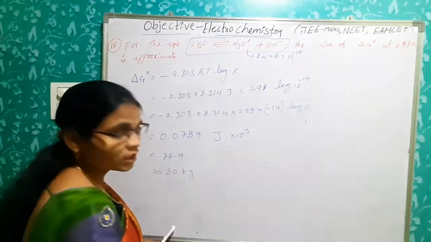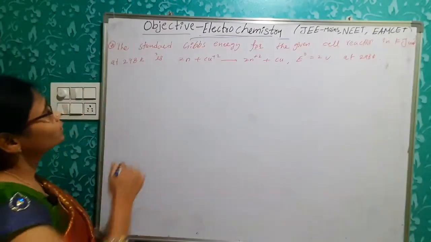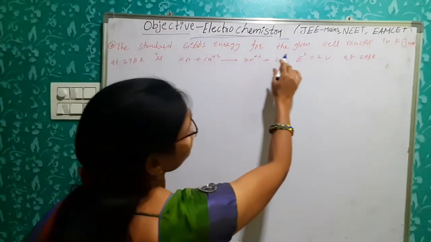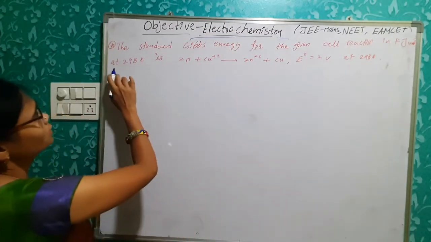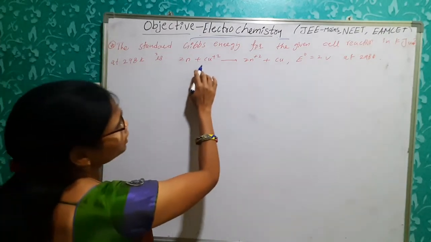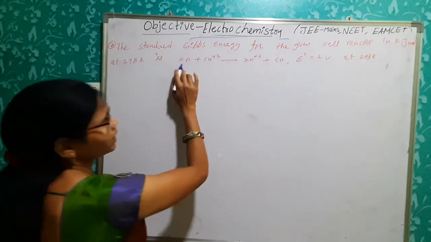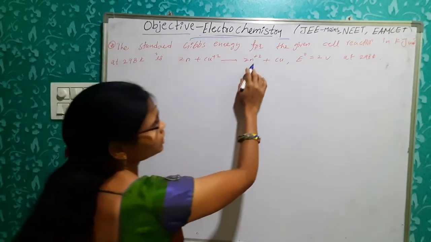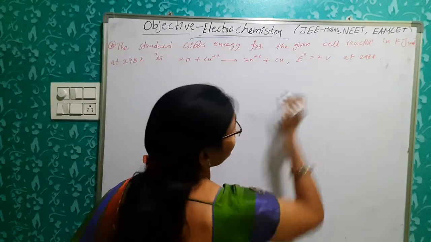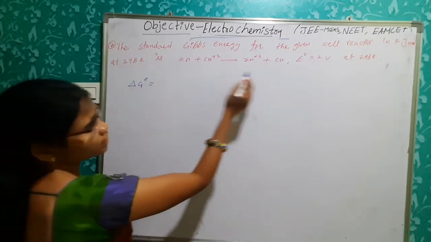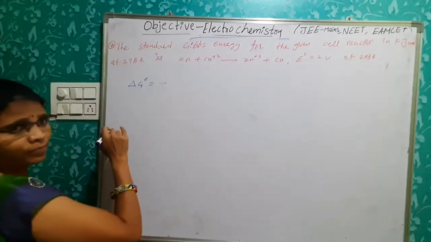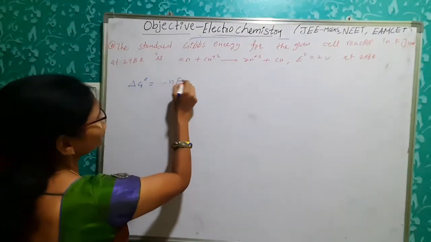Okay, clear? Next problem, the standard Gibbs energy for the given cell reaction in kilojoules at 298 Kelvin is Zn + Cu2+ giving rise to Zn2+ + Cu. E naught is given. So we have to calculate the delta G naught value. What is the relation between them? So minus nFE cell.